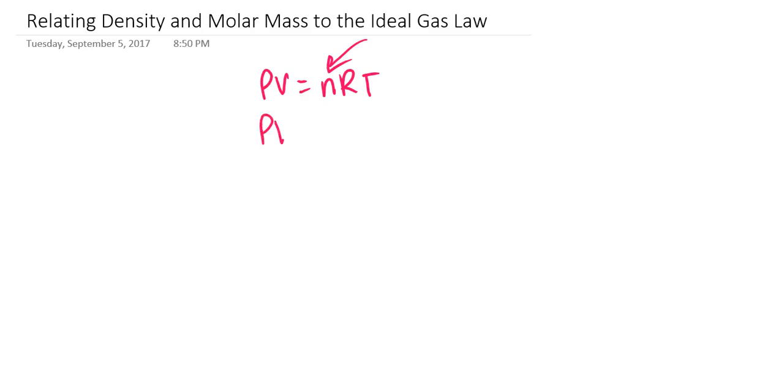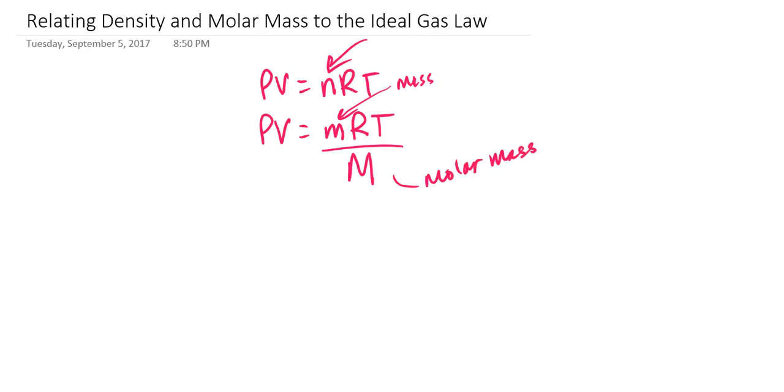So let's actually substitute in mass terms for the number of moles. So for example, this would be PV is equal to the mass of the gas times the ideal gas constant times the temperature, over the molar mass. So again, the small m is our mass, the large M is our molar mass.